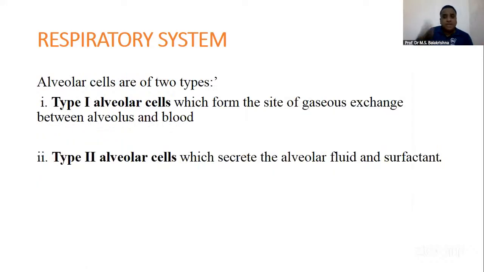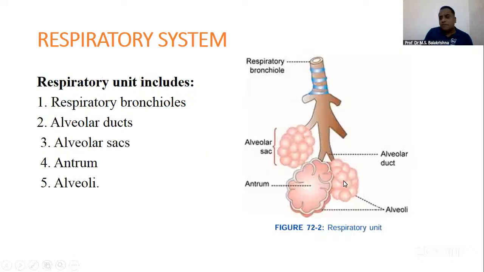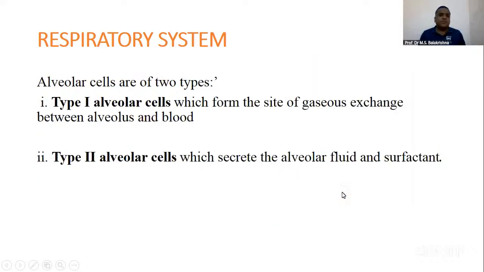Now, we have just seen the alveoli or alveolar sac. Concentration will be on this now. The alveolar cells are of two types, type 1 and type 2. Type 1 forms the site of gaseous exchange between the alveolus and the blood. From that balloon-type alveolus, the exchange of gases goes into the blood.